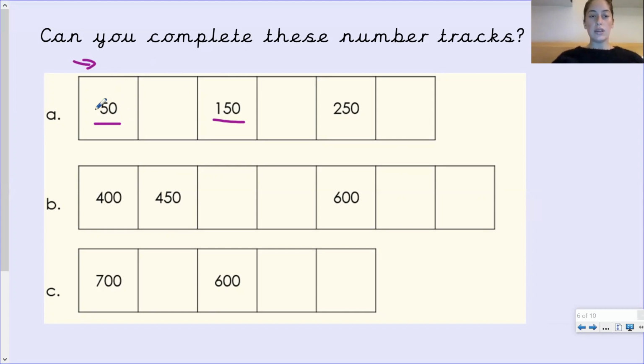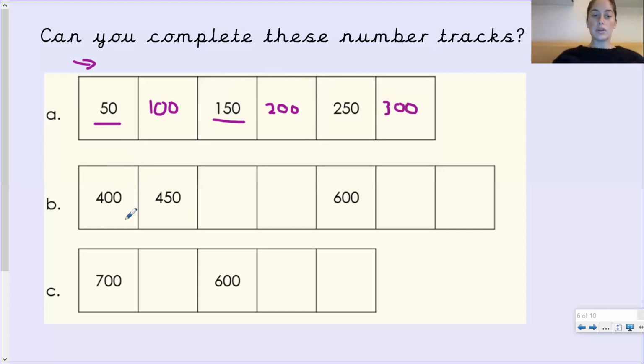So 50, counting in 50s, the next one would be 100, 150, 200, 250, 300.